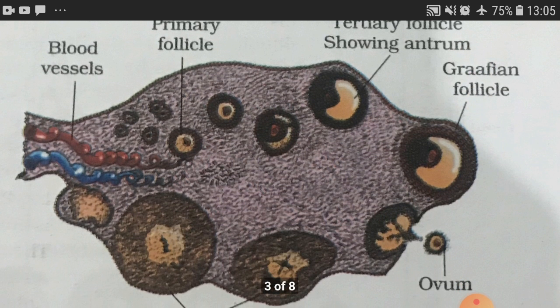Next is the sectional view of this ovary. In this, if we cut open the section of the ovary, you see it's something like this. So we will take up the section of this ovary now.